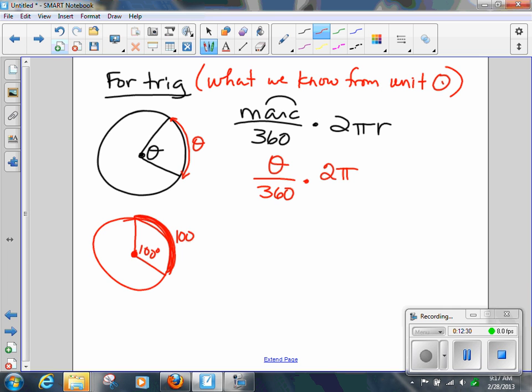What else do we know about the unit circle? That the radius is 1, okay? I'm going to plug that in. I'm going to put all of that over 1 because I have a fraction times a fraction. Anything else that you can tell me from trig? Any other substitutions?